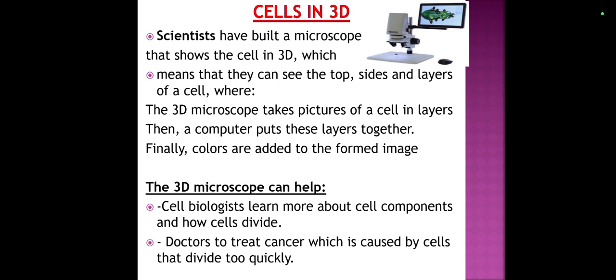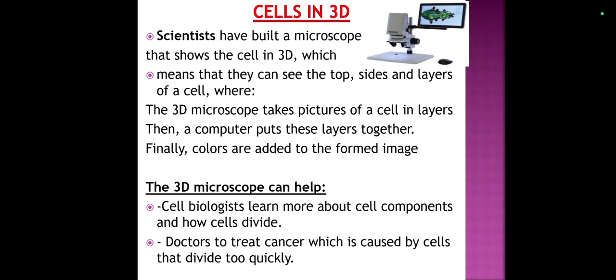Cells in 3D. Scientists built a microscope that shows the cell in 3D, which means that they can see the top, the sides, and the layers of the cell. The 3D microscope takes pictures of the cell in layers. Then the computer puts these layers together. Finally, colors are added to the formed images.